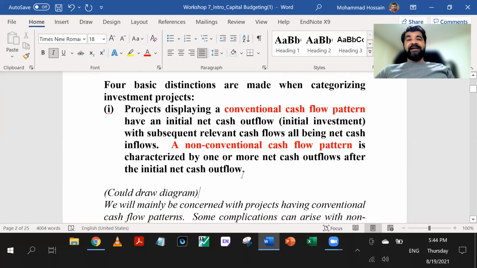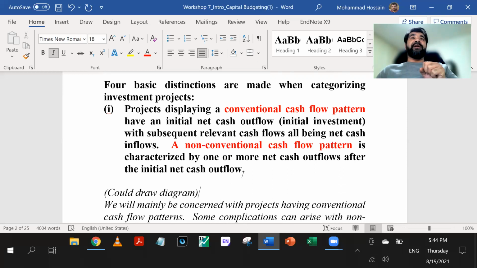So what we are saying here is that a capital budget means that when we are making an investment, we are actually planning and analyzing how much money we're going to invest and how much return we're going to get.